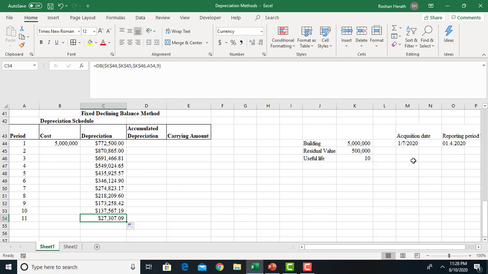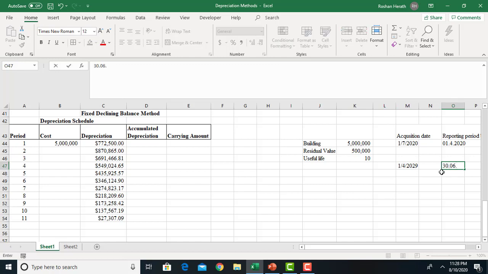So you may have to do the depreciation from 1st of July 2030 to 30th June 2030.